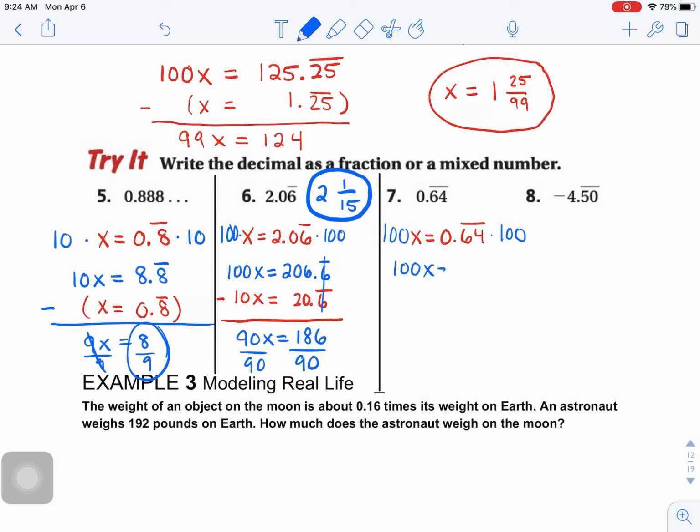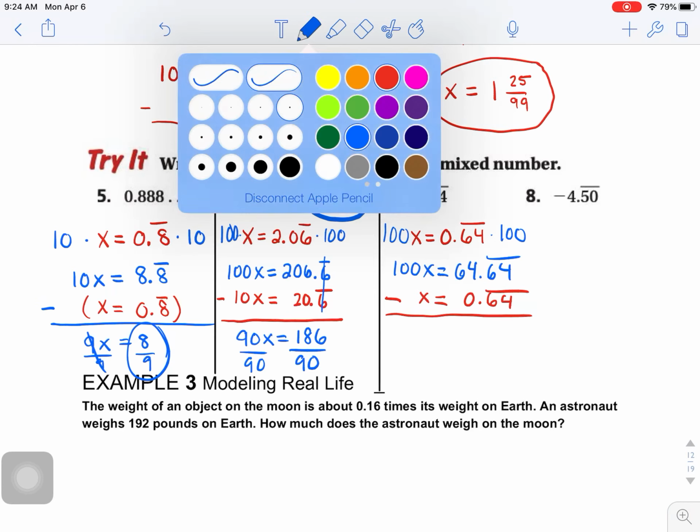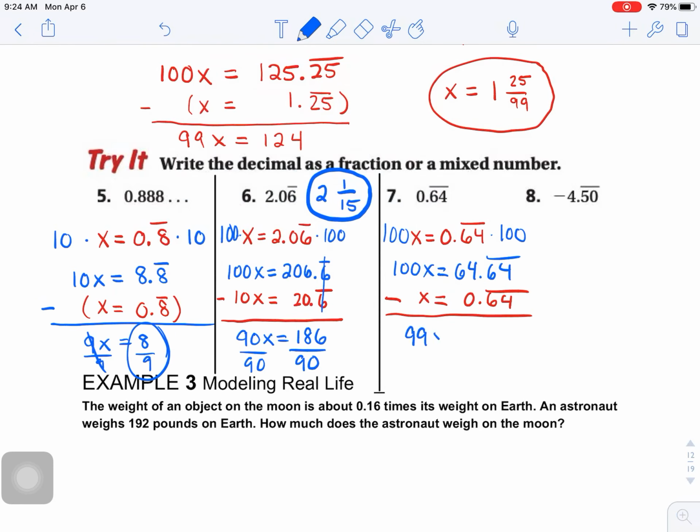So we get 100x equals 64.64 repeating. Let's subtract the original, which would give us 99x equals 64, and divide by 99.